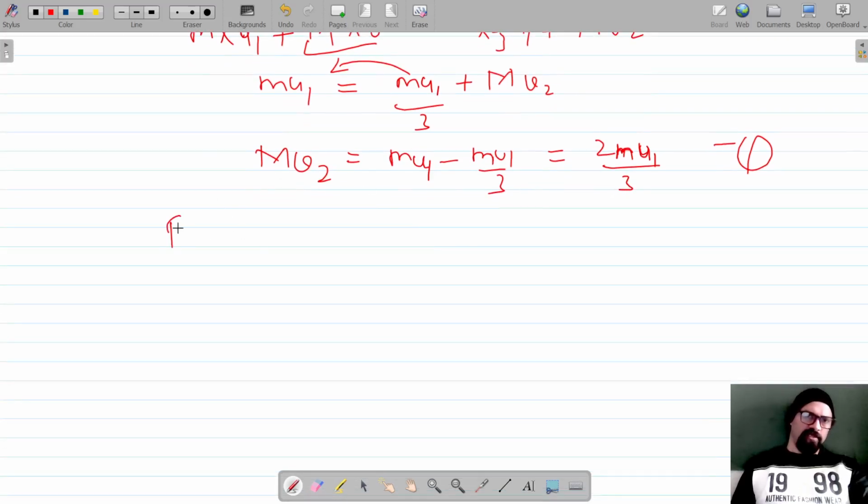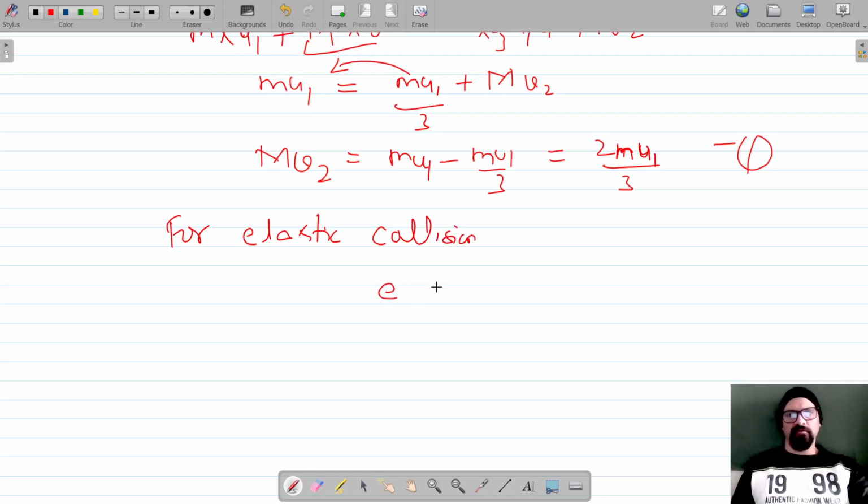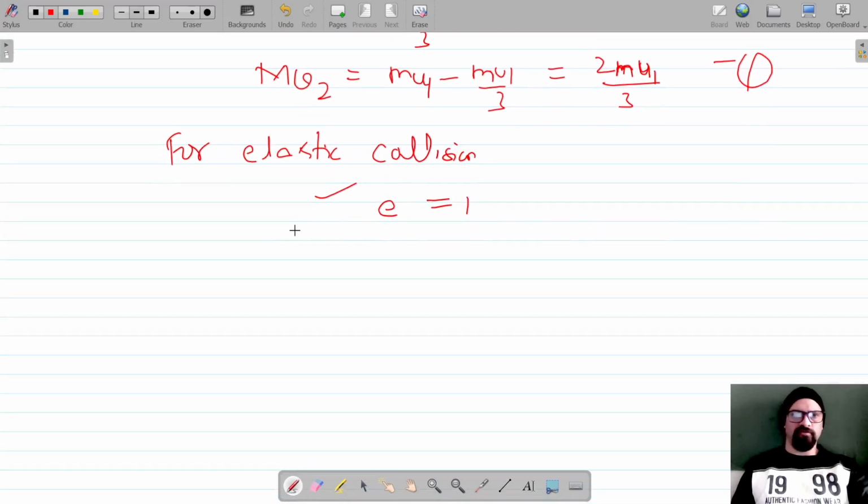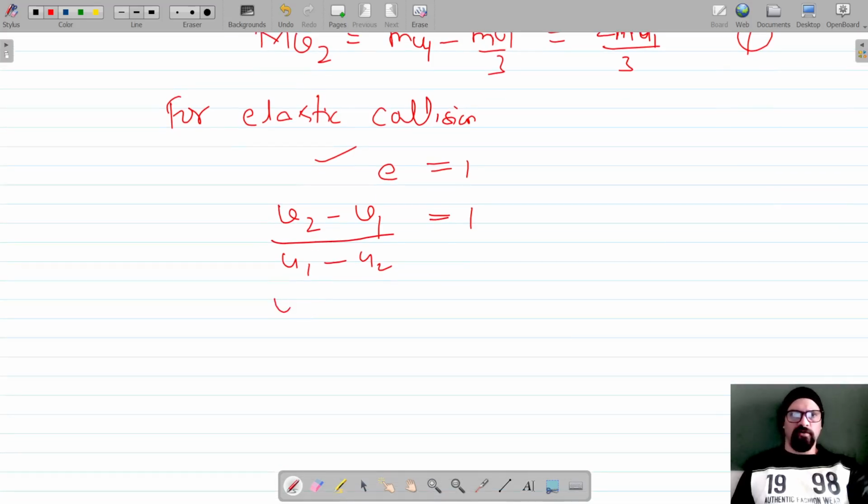Now it's given that it's an elastic collision, and we know that for an elastic collision, the coefficient of restitution is equal to 1. So e is equal to 1, and the coefficient of restitution is the velocity of separation, which is v2 minus v1, upon the velocity of approach, which is u1 minus u2, equal to 1. v2 is not known and v1 is one third of the original velocity, u1 is u1 and u2 is 0.